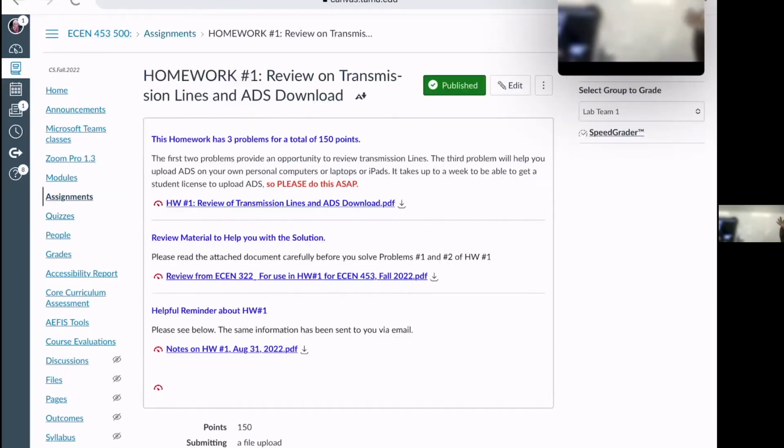1. And homework number 1 is a homework that does 2 things. It gives you an opportunity to review transmission lines, the fundamentals, and then allows you also to do a download of ADS.